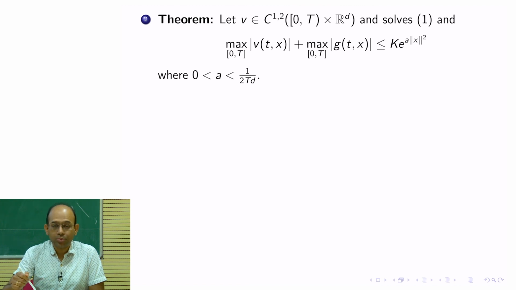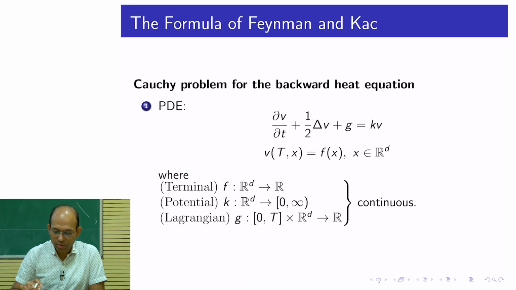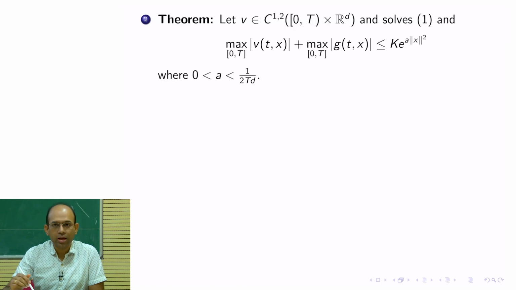Here the growth property: v satisfies this growth property, and also g. The modulus of v and the modulus of g, supremum over all possible times, is less than or equal to capital K times e to the power a norm x squared. This capital K is different from the small k. And here a is a positive number, which is less than 1 over 2 capital T d.